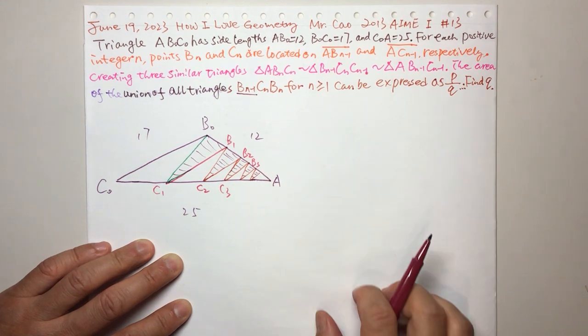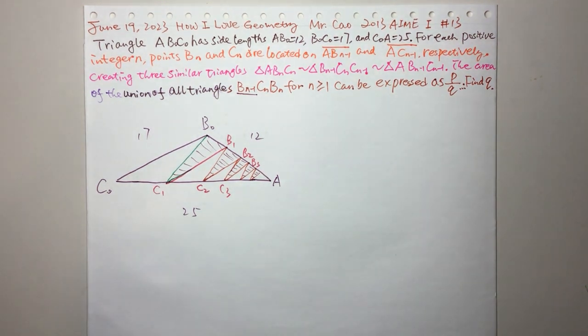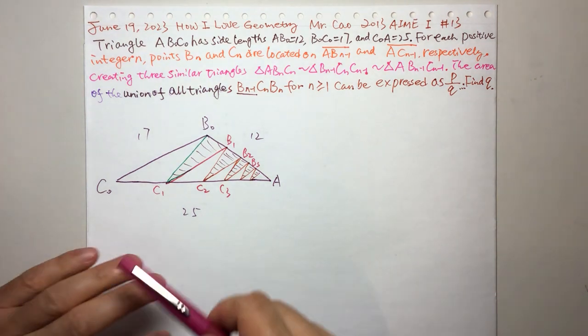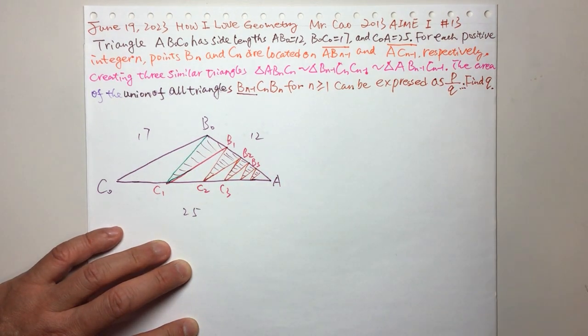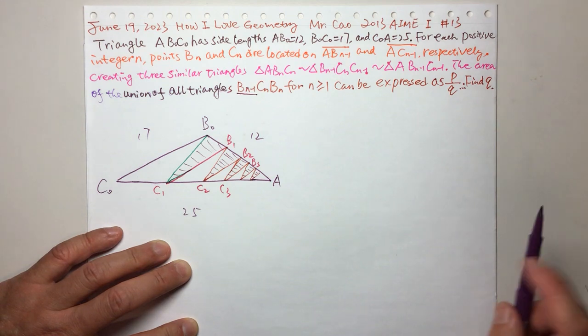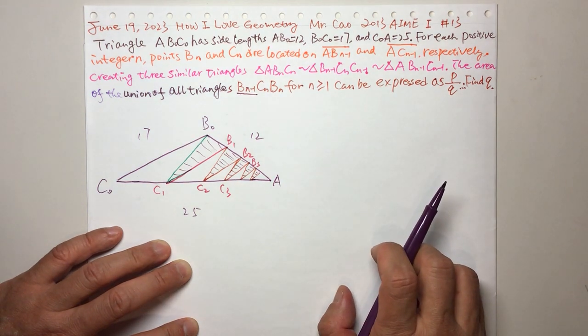So at first glance, we just want to find the sum of these small triangles. The first idea we get is an infinite sequence to find the sum of them.